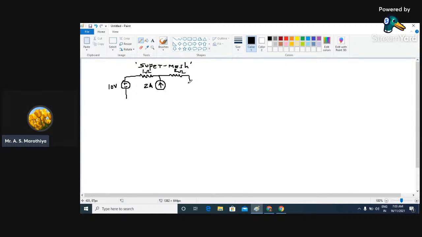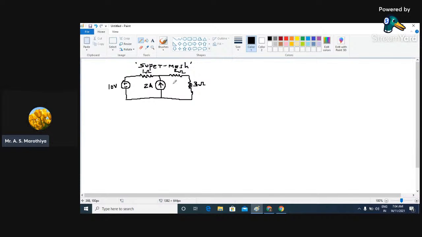Then here we have one more resistor. No, it's not 1, it is 3 ohm. Yeah, 3 ohm, and the structure is closed like this.